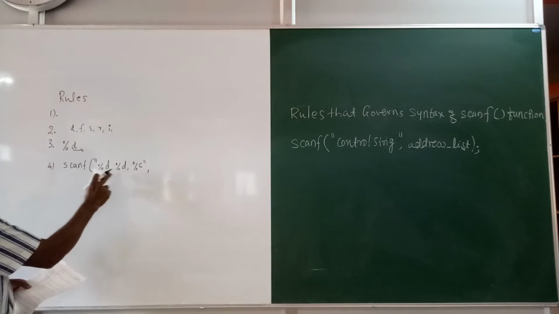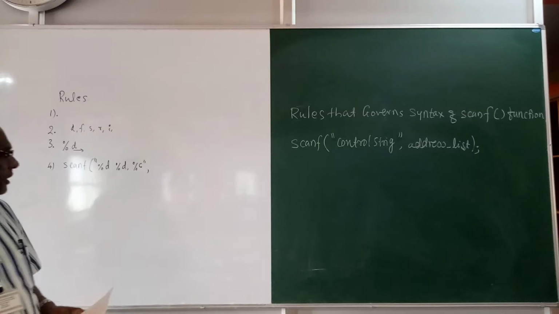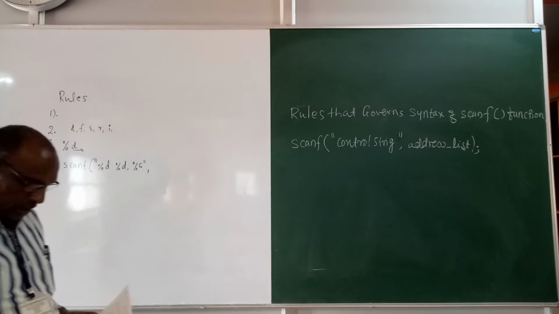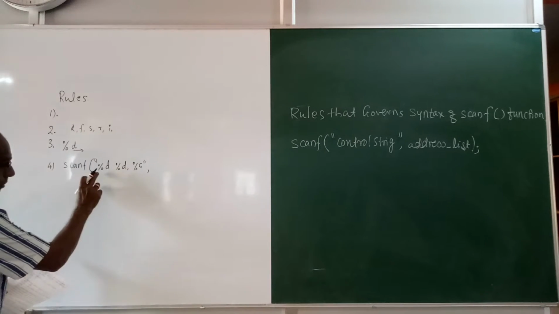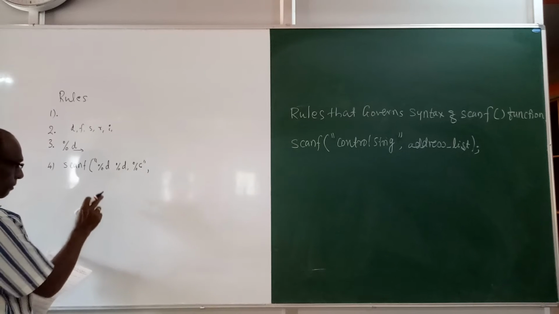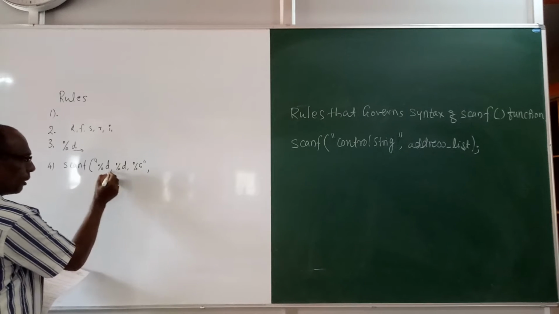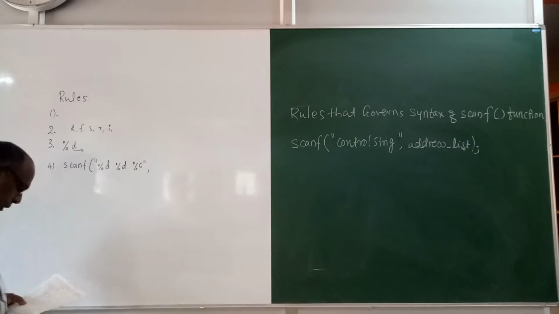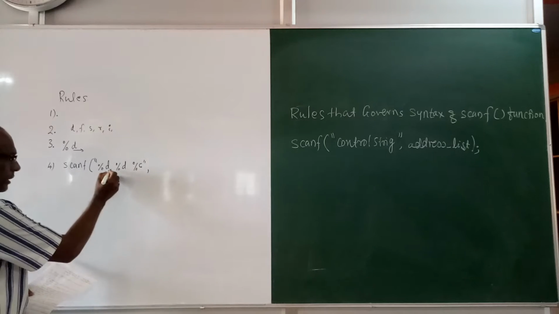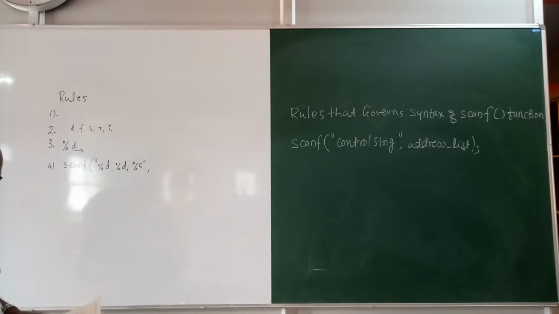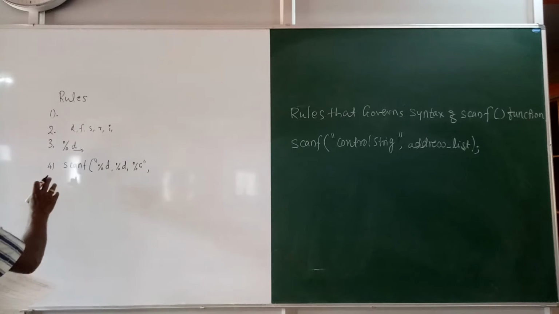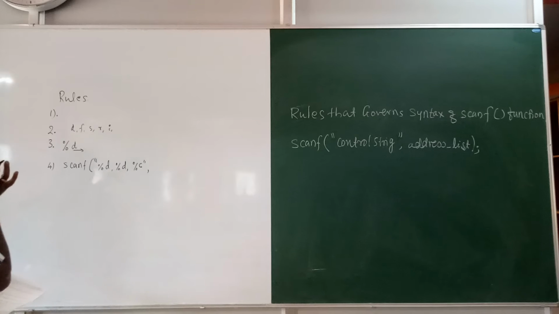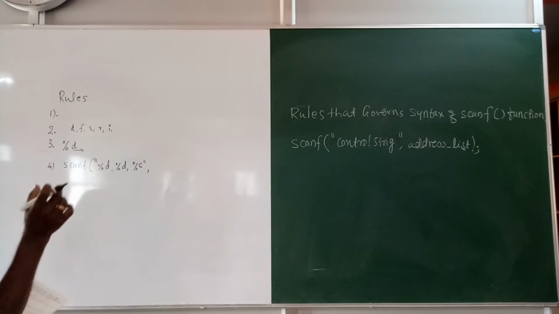This is the double quote. So multiple character groups can be allowed within the control string. In such a case, they may be separated by a blank space or by a comma. I can write a comma or leave it with a blank space. We'll have some examples at the end.